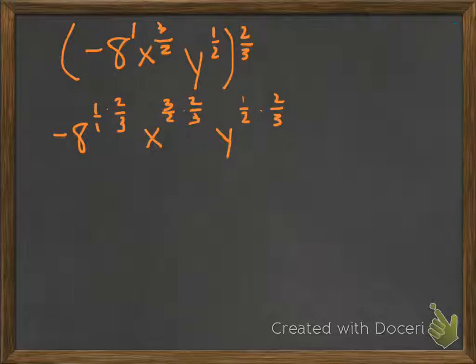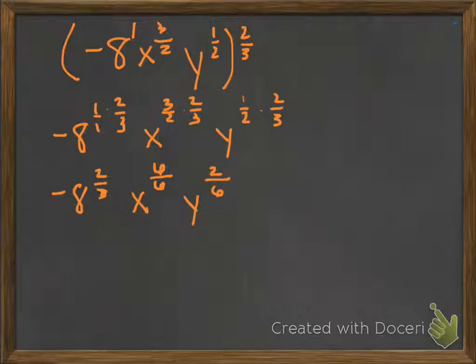And when we're multiplying our exponents, we multiply straight through top, straight through bottom. So over here, this is like saying negative 8 raised to the 2/3. And here, for my x's, we have a 3 times 2 in the top and a 2 times 3. So essentially, we'll get x raised to the 6 over 6, which we know will simplify to be 1. And for my y values, I get y to the 2 over 6.